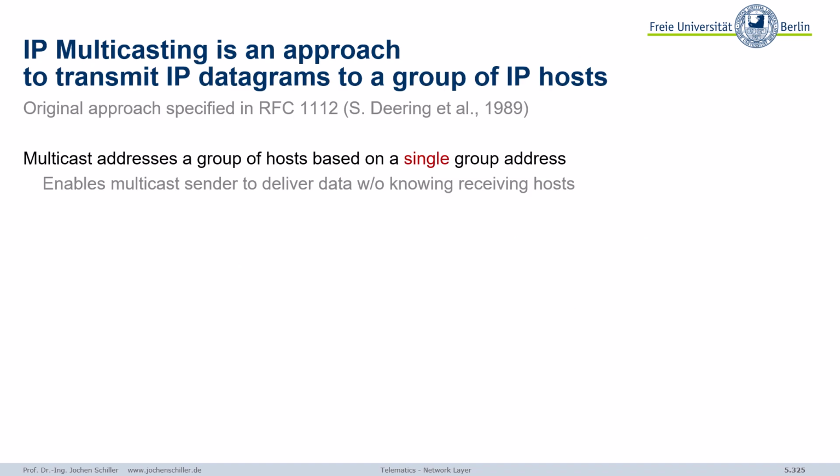Original specification is quite old, 1989 by Steve Deering. And the idea here is that we use a single group address. A single group address to indicate the address of this multicast group. And this enables a multicast sender to deliver data without knowing the individual hosts.